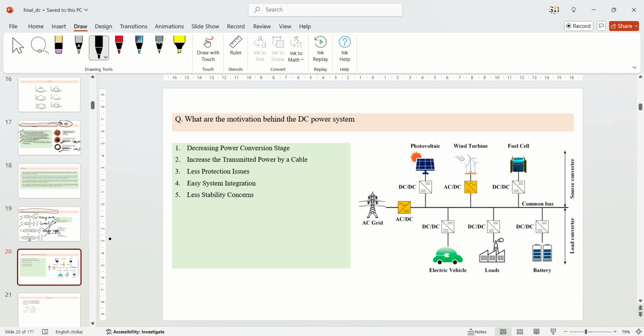This is a question related to the motivation behind the DC power system. Just read out what kind of motivation is there behind the DC power system. Just let me know.